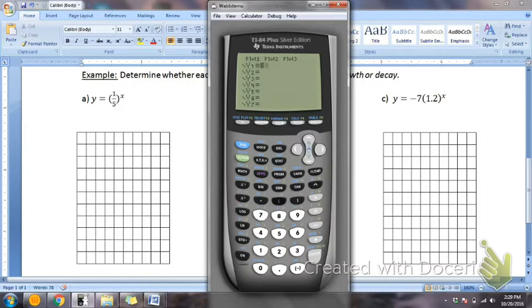So we need to put in parentheses 1 divided by 5, close your parenthesis, raised to the x power. Okay? Then if you have exponent mode on your calculator, just arrow over. Then we can look at kind of what our graph should look like. It should be going down. Excellent, it is going down.